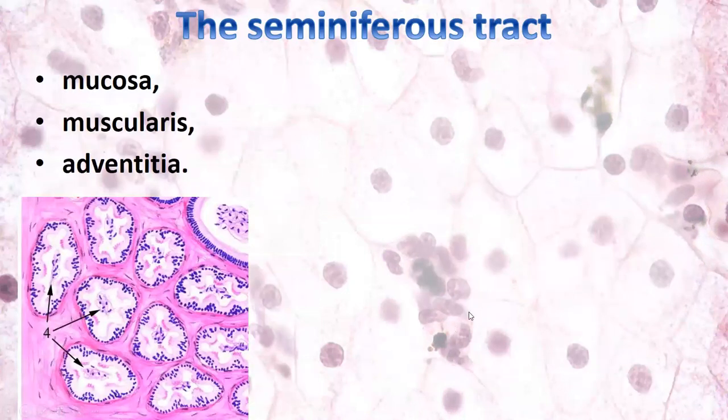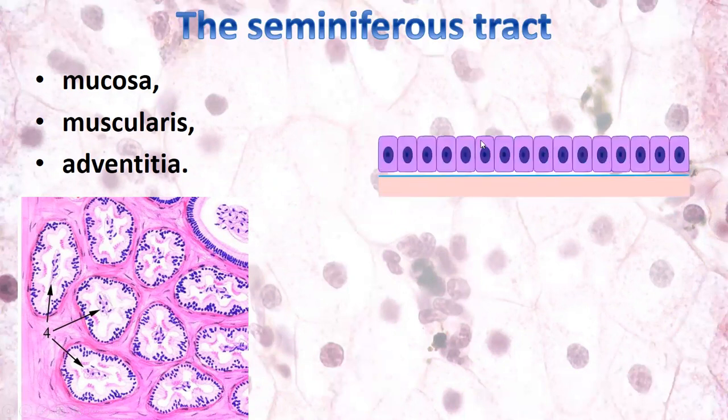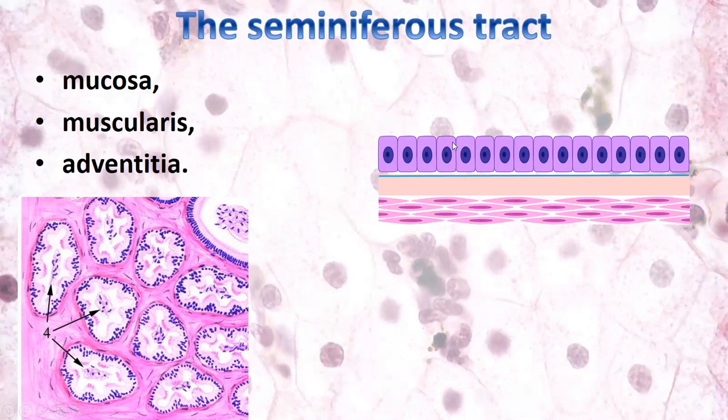So organs and parts of the seminiferous tract, they are hollow structures. They have lumen and they have wall, and this wall is composed of 3 layers. They are mucosa, muscularis, and adventitia. Mucosa is composed of epithelium, and epithelium may be different in different parts of seminiferous tract. And under epithelium there is basement membrane and loose fibrous connective tissue or lamina propria, and it's usually very thin.